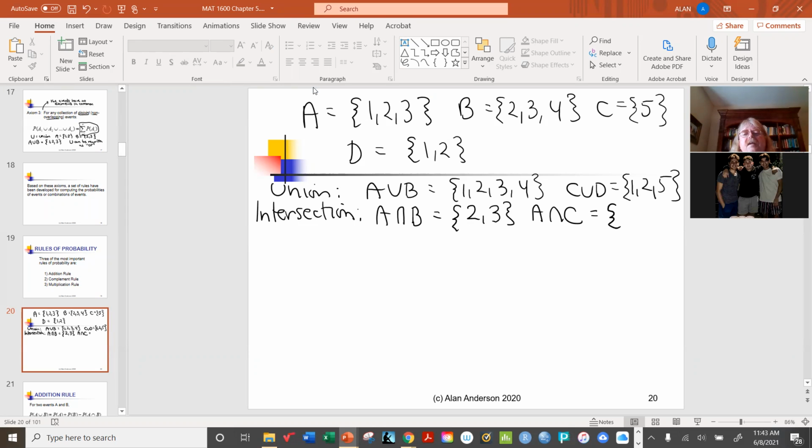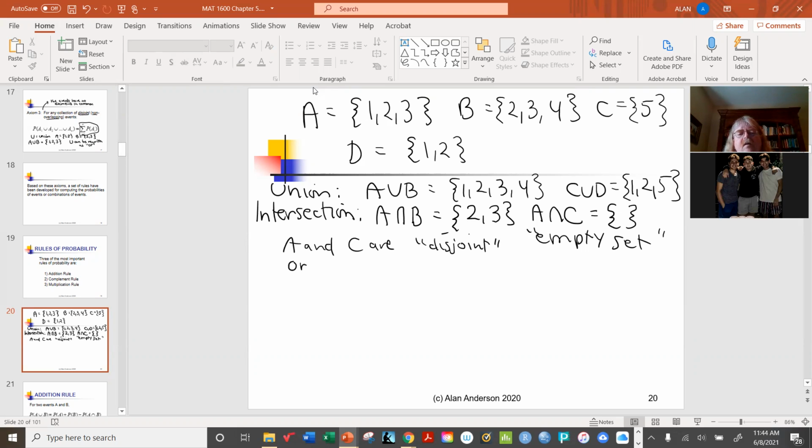This is said to be the empty set. So there doesn't have to be an element in common between them. And that means that A and C are, as we saw earlier, disjoint. Or sometimes they're called mutually exclusive.